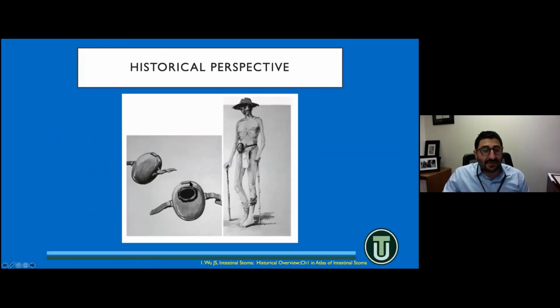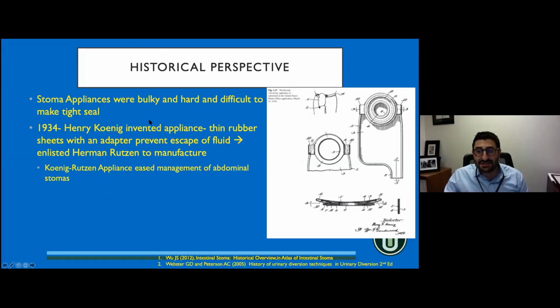What led to the creation of external stomas was really the development of a useful stoma device that wasn't cumbersome. This is one of the original stoma devices. It was very cumbersome and hard and very difficult for patients to use. It wasn't really until the creation of a urostomy device that you could really manage urine from a stoma.